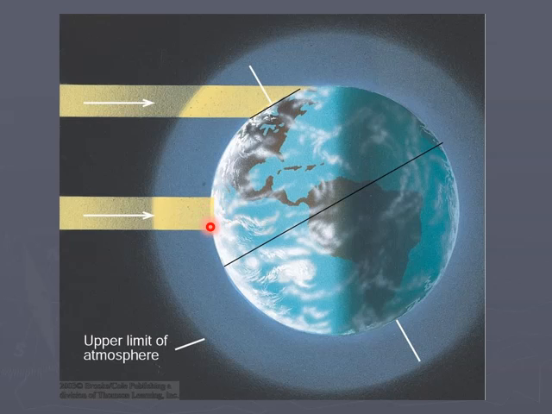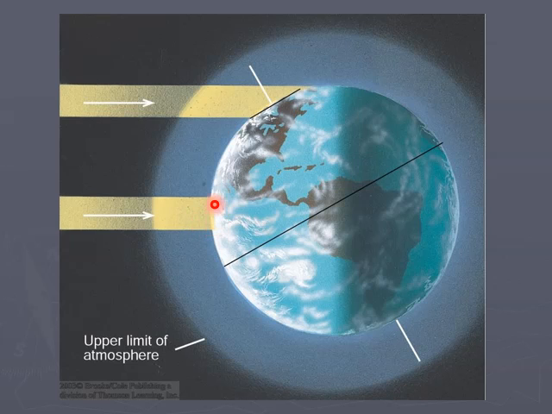So there's more energy per unit area down here than up here. This is why the poles are always colder. It's the same amount of energy that comes in and hits the atmosphere, but it gets spread over a much larger area. Another reason the poles are colder is because there's a higher albedo because of the snow on the ground. But down here, it's a much smaller area, so you have more energy being put in per unit area.